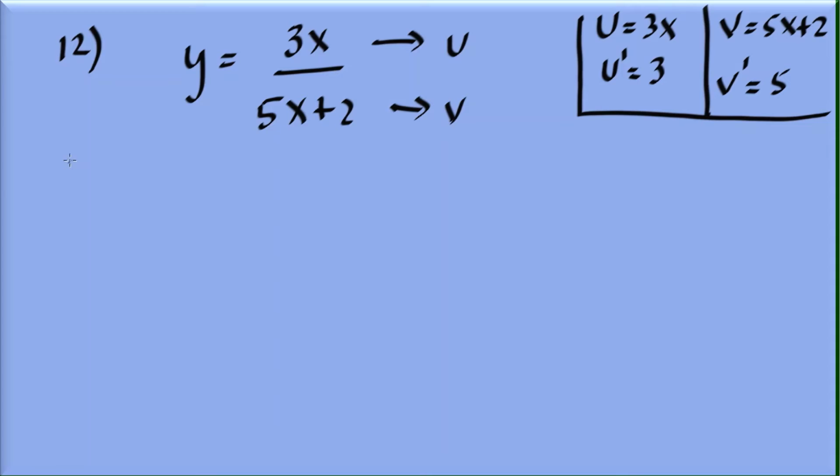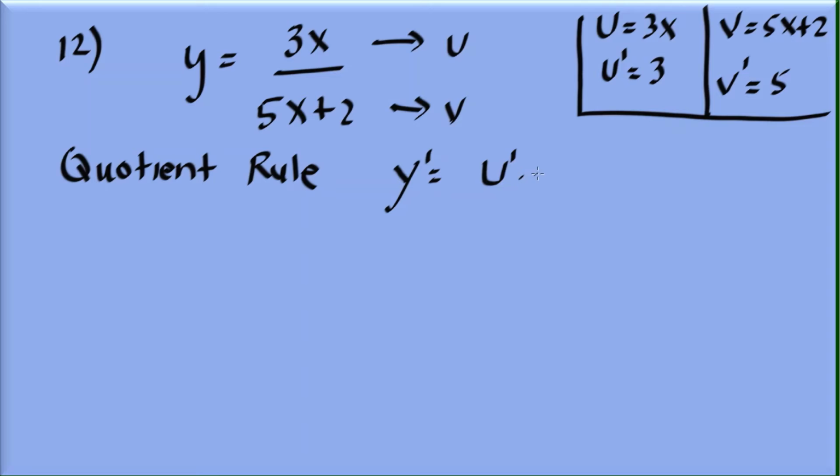Okay, so quotient rule says, okay, that again, y prime is going to be u prime v minus u v prime over v squared.